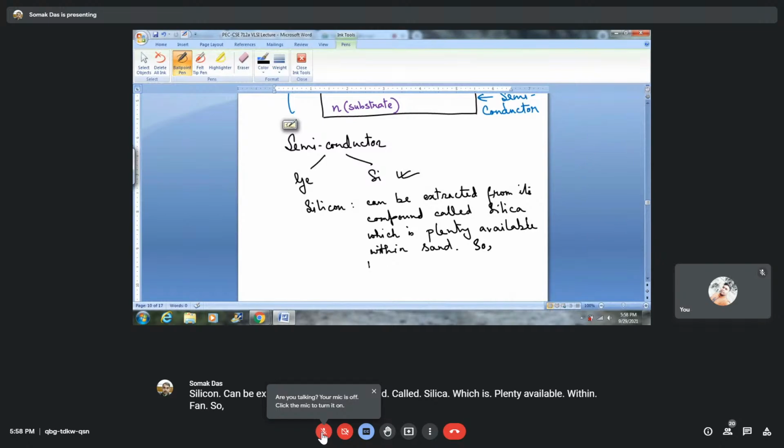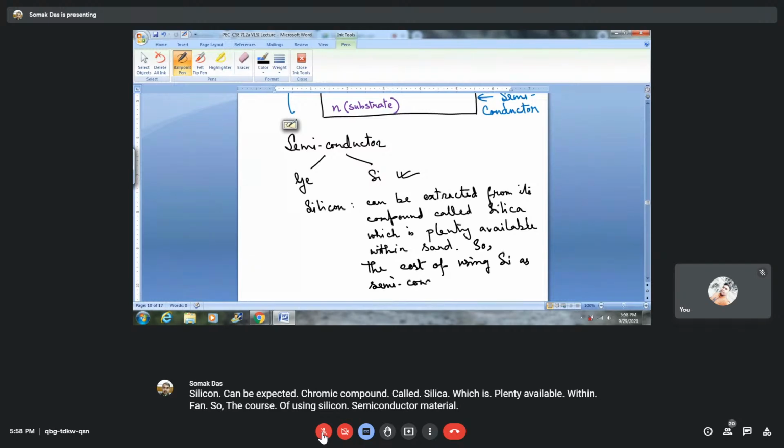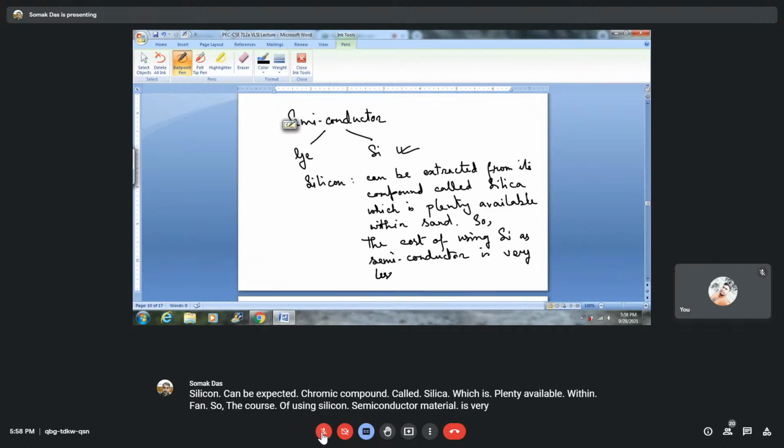So the cost of using silicon as semiconductor material is very less. Okay, this is the first point: why we use silicon rather than germanium.